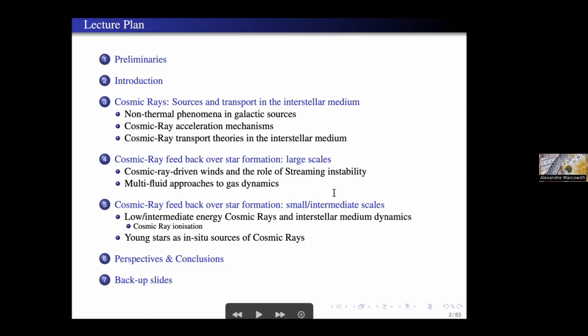And then we will move to small scales, which is a bit more speculative until now, but there is some work associated with cosmic ray ionization of molecular clouds. And then we will move to young stars, and I will show you that maybe these young stars are also interesting for accelerating particles and injecting non-thermal particles at very small scales in the interstellar medium.